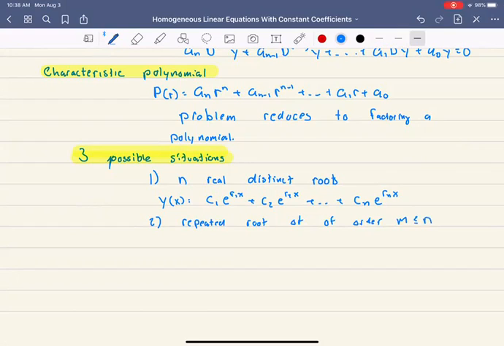We could have multiple repeated roots, of course, but let's just go with one for now, and then you can see how it works for more than that.